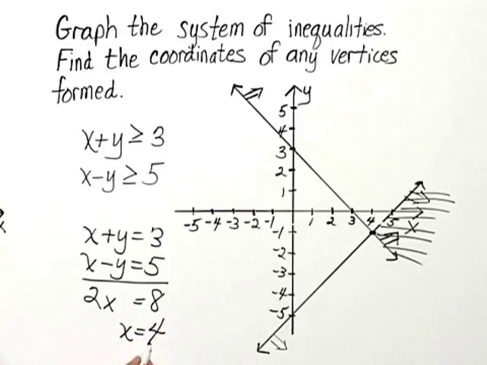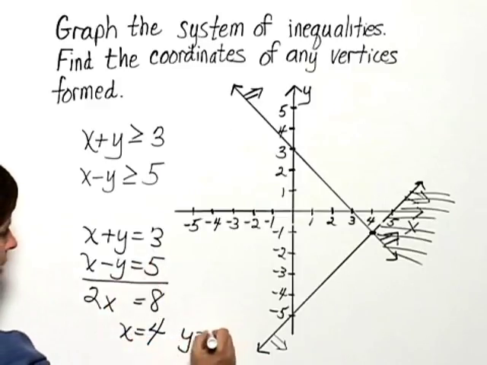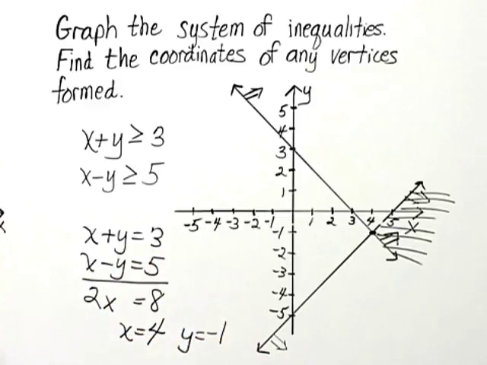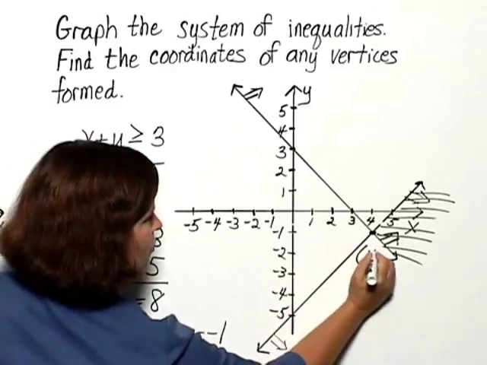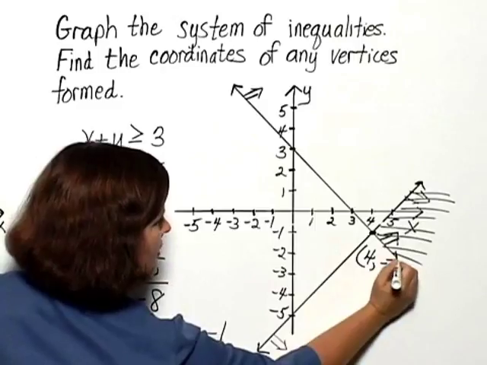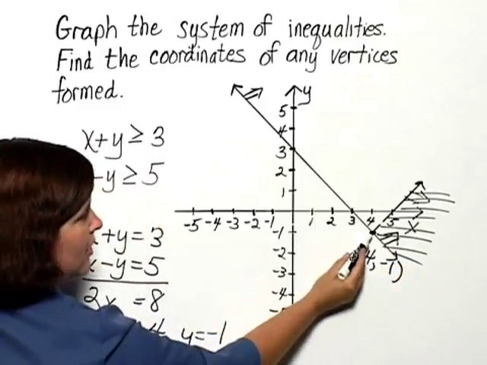Now, if x is 4, 4 plus negative 1 would be 3, so the y value has to be negative 1. And that is the point that it looked like. So we can label that the point (4, negative 1). That's the coordinates of the vertex.